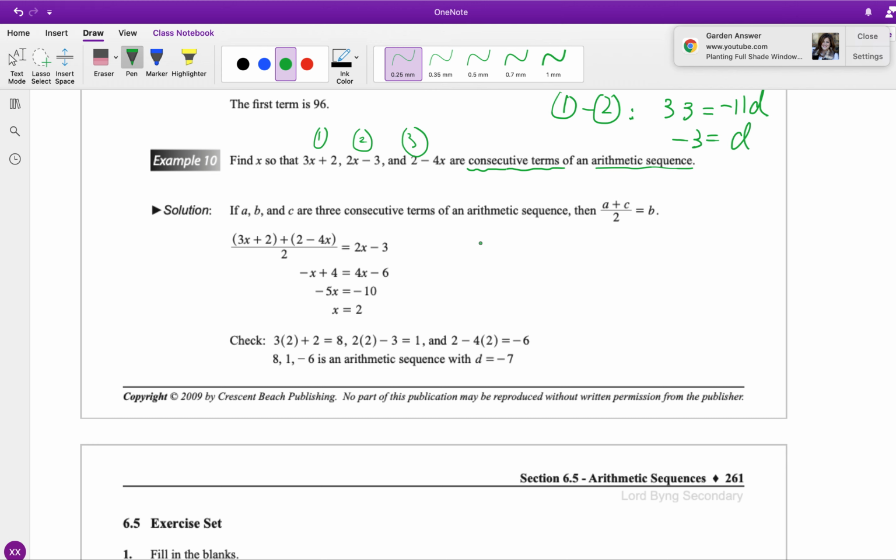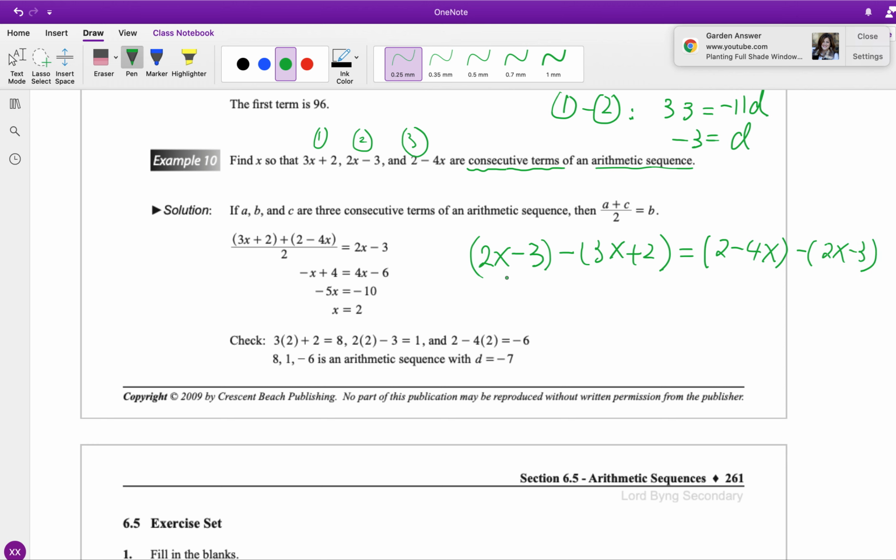They're the same. So 2x subtract 3, my second term, minus my first term, 3x plus 2, should equal my third term, 2 subtract 4x, minus my second term, 2x minus 3.